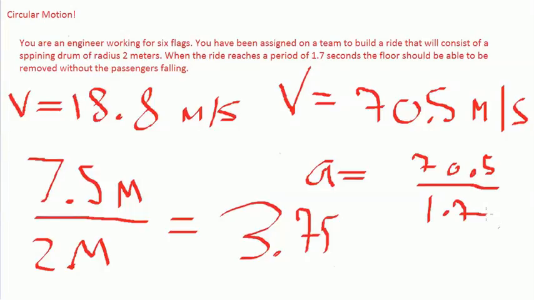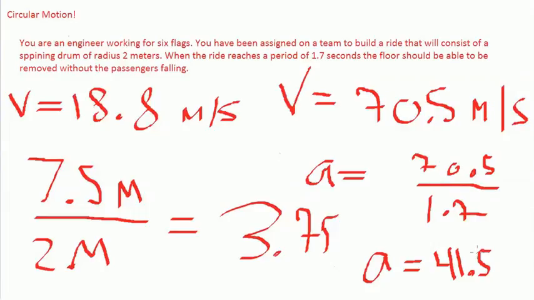And our acceleration is going to equal about 41.5 meters per second squared. So just think about that. That's a very rapid acceleration. In 1.7 seconds, boom, 70.5 meters per second.